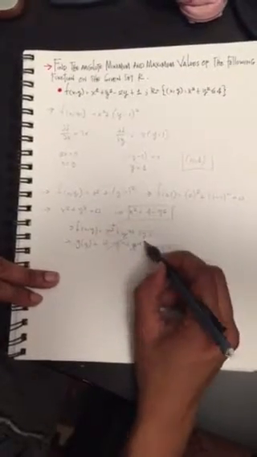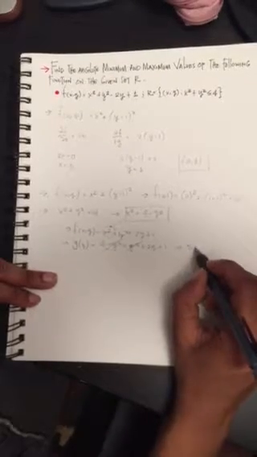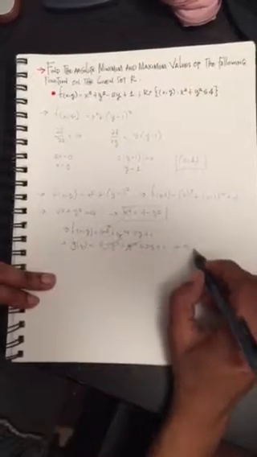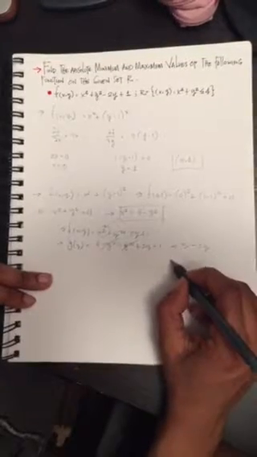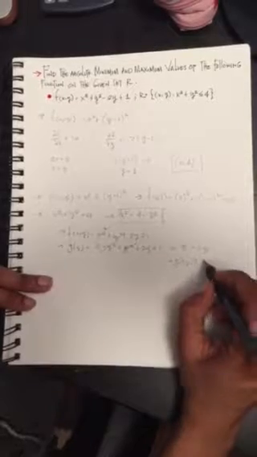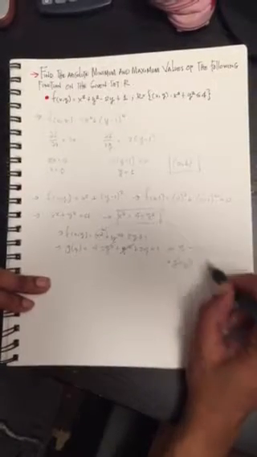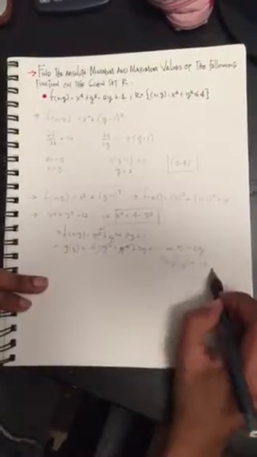If I cancel terms, this is going to be equal to 5 minus 2y. If I find the derivative of this equation, it's going to be just -2, which is another important piece of information to solve this problem.